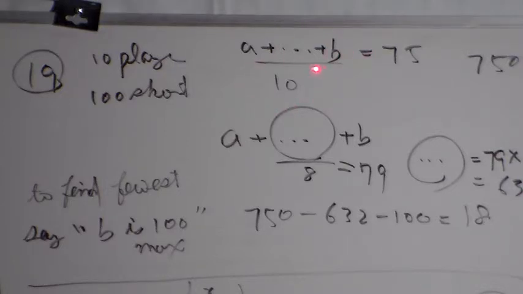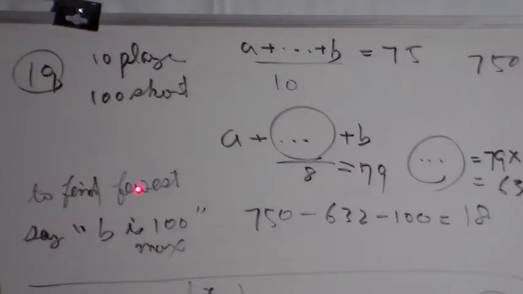So average of 10 people, right? 10 players. So A to J, I'm sorry, right there. A, B, C, and the second player, third player, fifth player, ninth player, and the last player. So 75. So their total is 750.